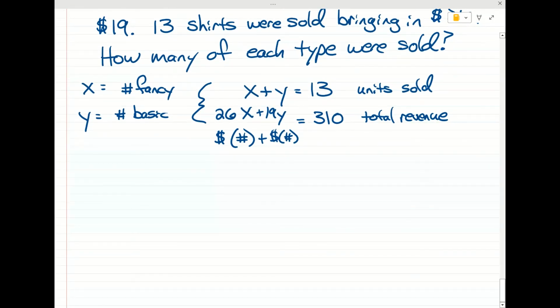The way that we learned how to solve a system of equations is you want to multiply to get the same number and opposite signs. So we could either try to get positive 26 and negative 26, or we could try to get positive 19 and negative 19.